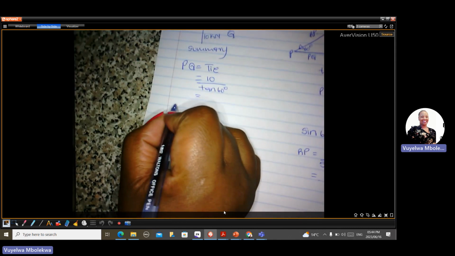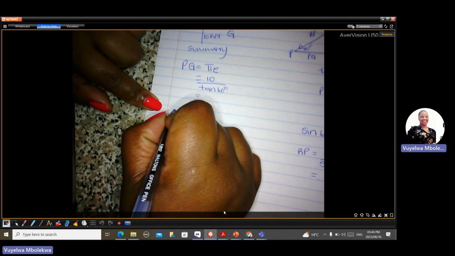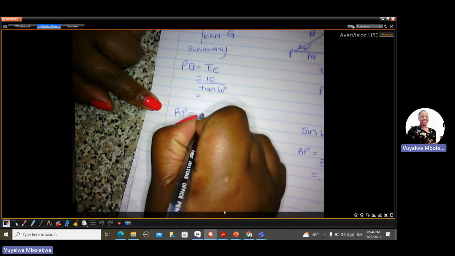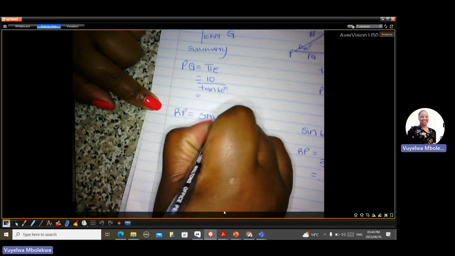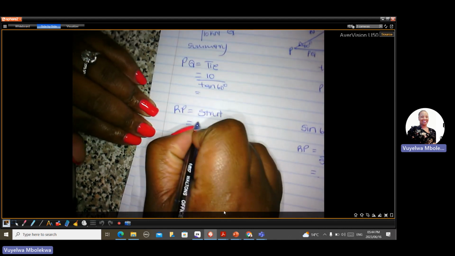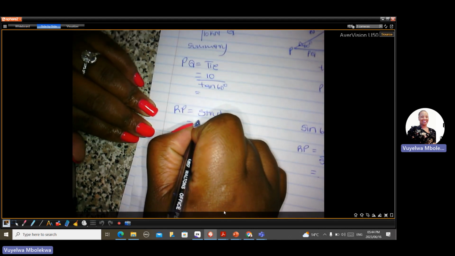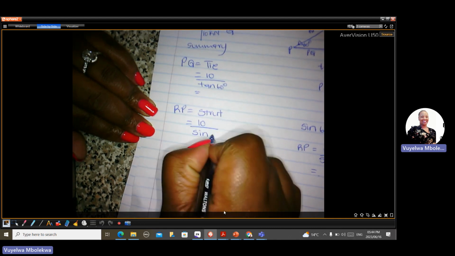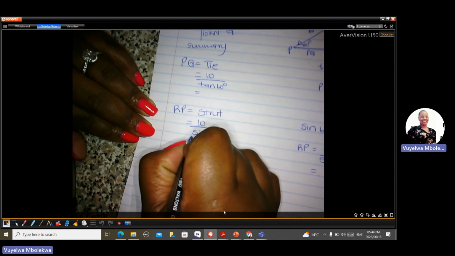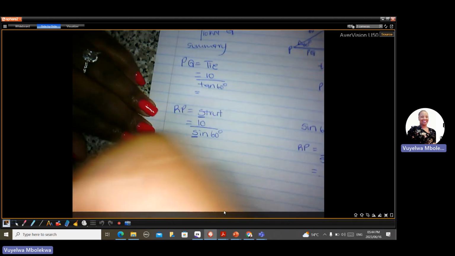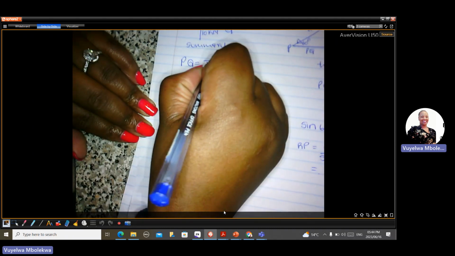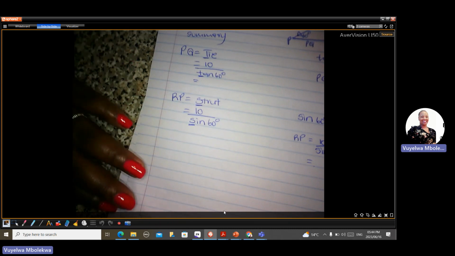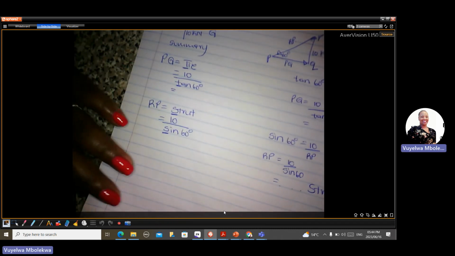And then you're going to say my sloping member, which is RP, is a strut. Now you know that the sloping one is a strut, and it is equal to the reaction force over sine of the angle. So the S and S there must remind you, the T and the T there must remind you. Okay.